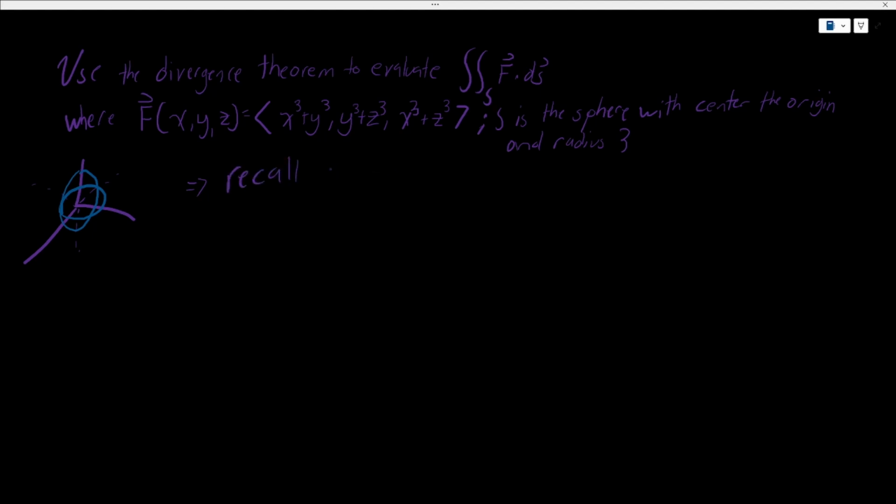Recall that the divergence theorem is just the triple integral over our solid of the divergence of our vector field. So let's start defining what our bounds for our integrals are going to be. Because it's a sphere, let's use spherical coordinates.